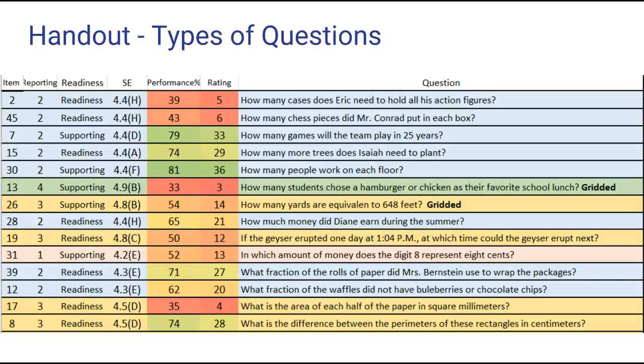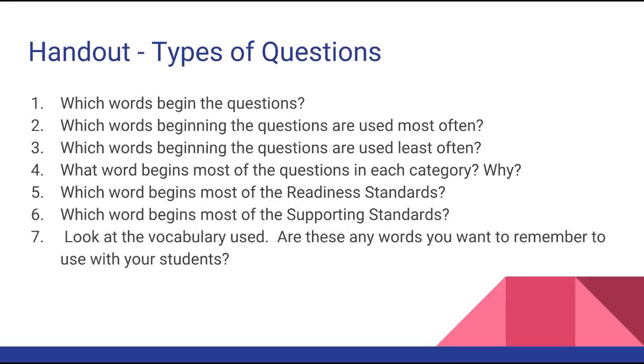So look at these items to see where our strengths were, what kind of questions may be our weaknesses, and what kind of question stems we use per reporting category. Here are some other questions to consider as you're looking over this handout. You can pause the video now and look at this handout and analyze those question items, or you can do it at the end.